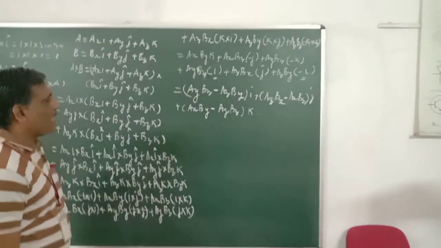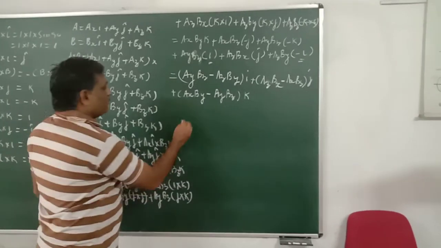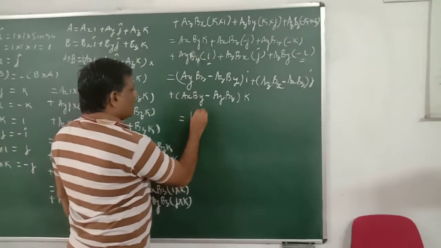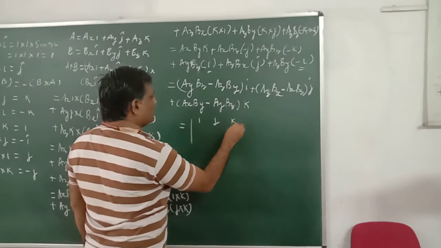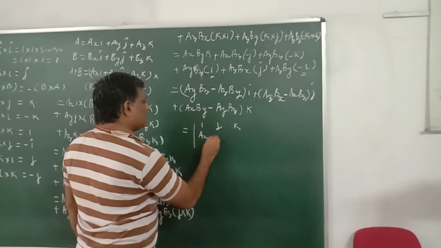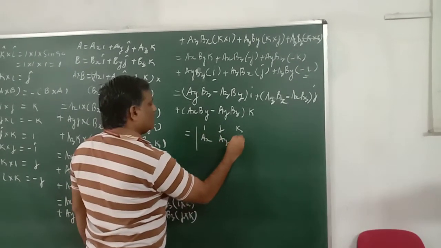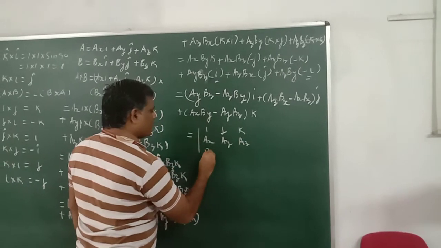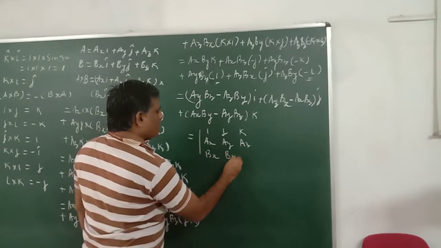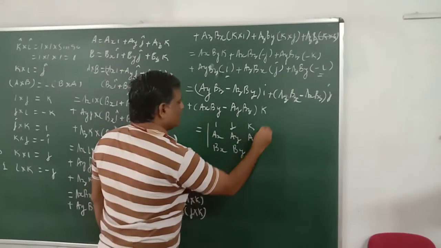This one we can also write in determinant form, like this: the first row i, j, k; the second row AX, AY, AZ; the third row BX, BY, BZ.